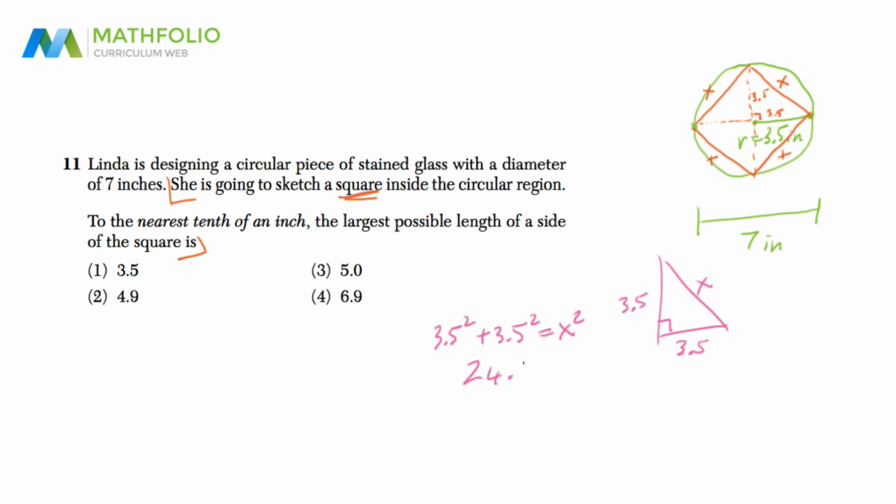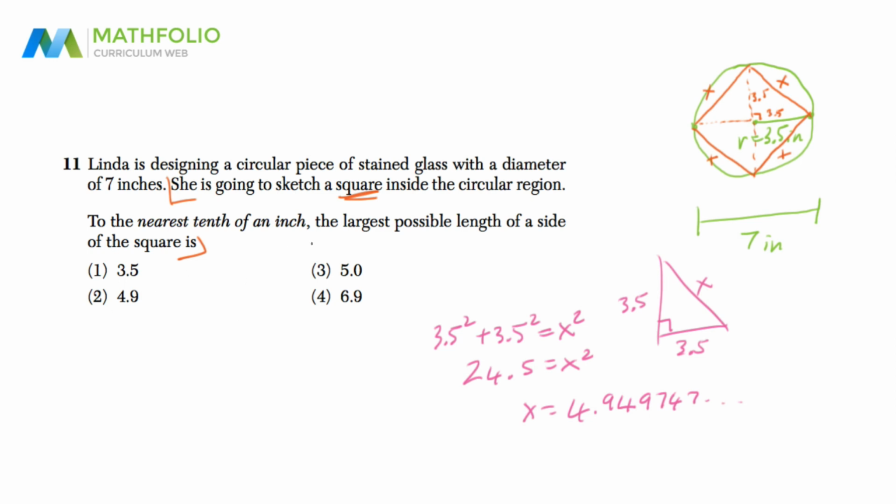So 24.5 equals x squared. When I square root 24.5, the answer I get is 4.95. So x equals 4.9, and really it's 4.94974, and it goes on a little more as well.